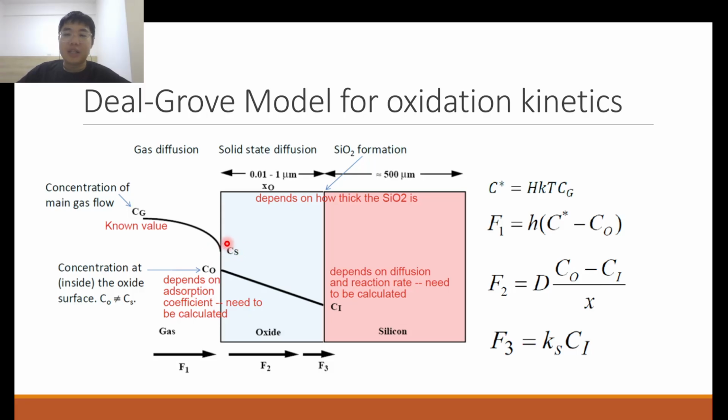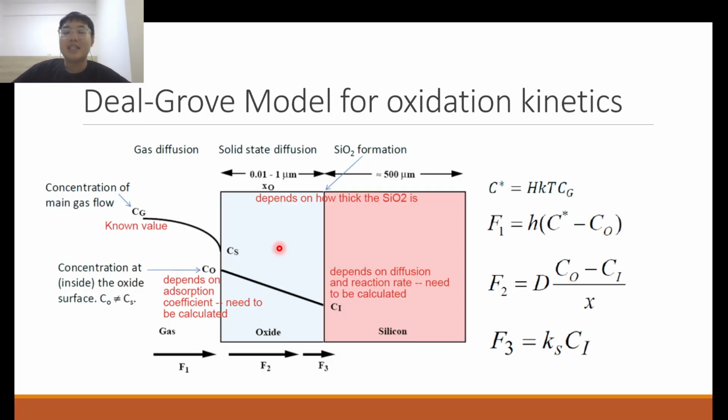However, there is a difference between surface concentration and the concentration inside the oxide near the interface, because there is a certain solubility equilibrium between oxygen in the gaseous phase and oxygen in the silicon dioxide lattice.